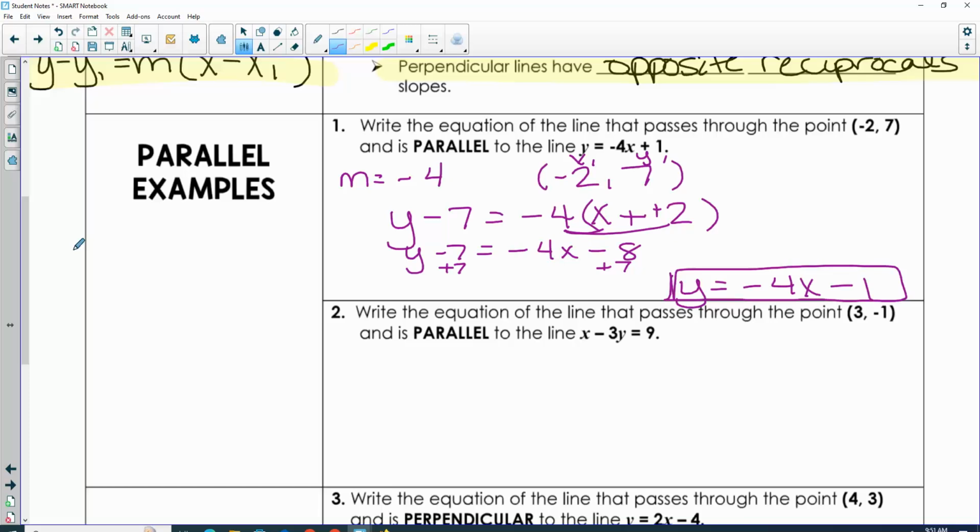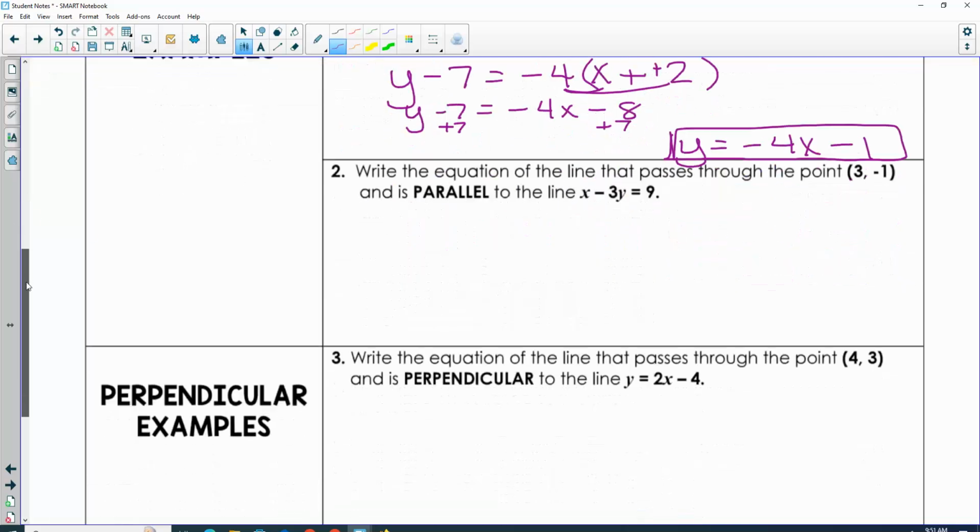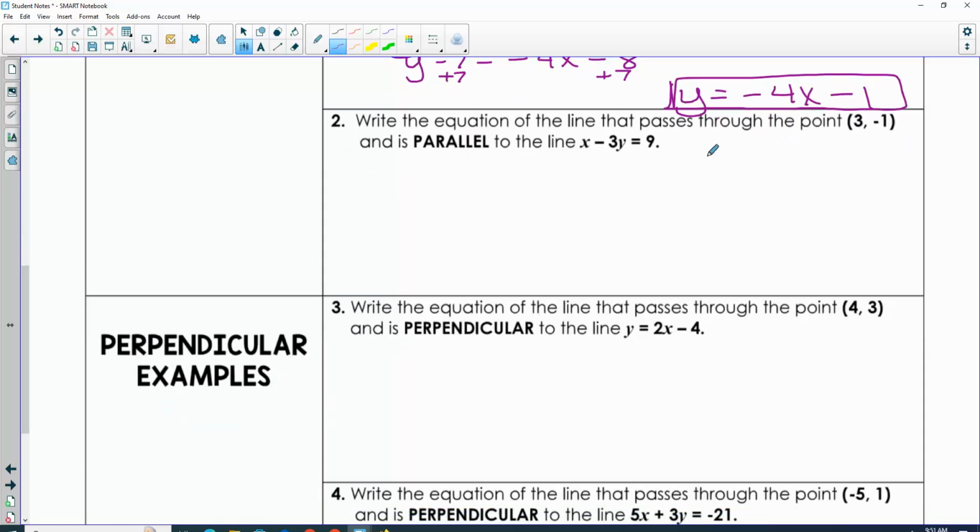Goes through the point -3, -1, so I have a point, and it's parallel to x minus 3y equals 9. Parallel means the same slope. Can I look at this and just know my slope automatically? No. So we have to first get it to be y equals mx plus b form. So if I subtract my x, I have -3y equals -x plus 9.